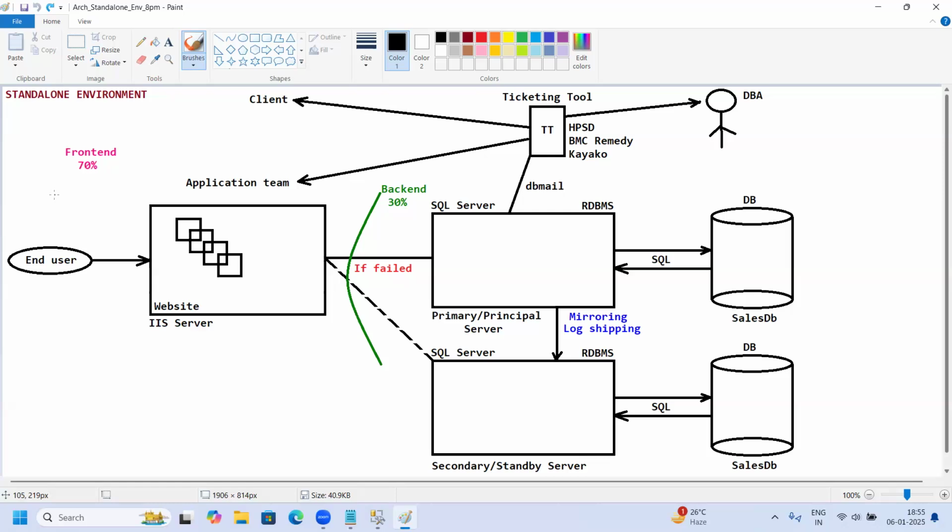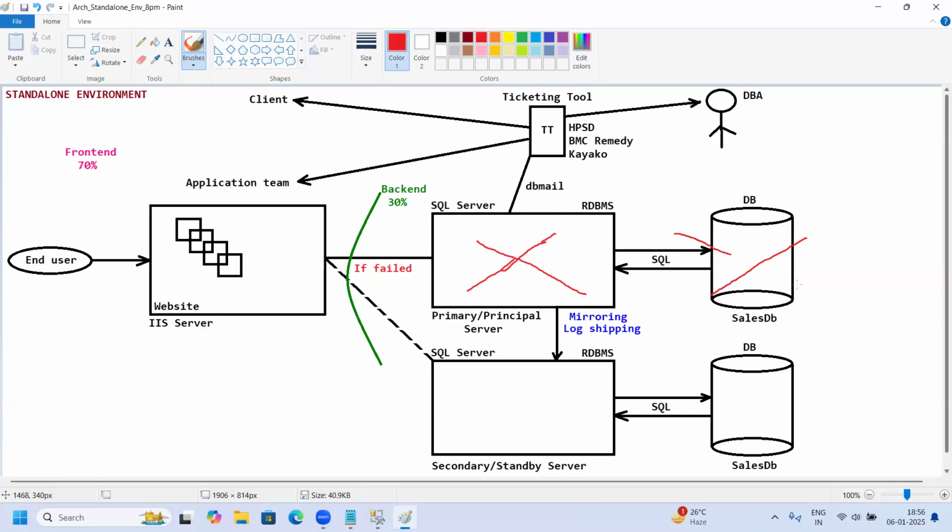Now the story is, when it was recording in the database, something happened. Accidentally, something happened. This SQL server crashed.